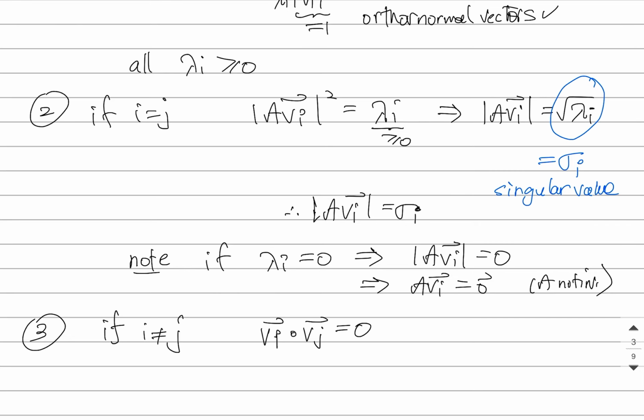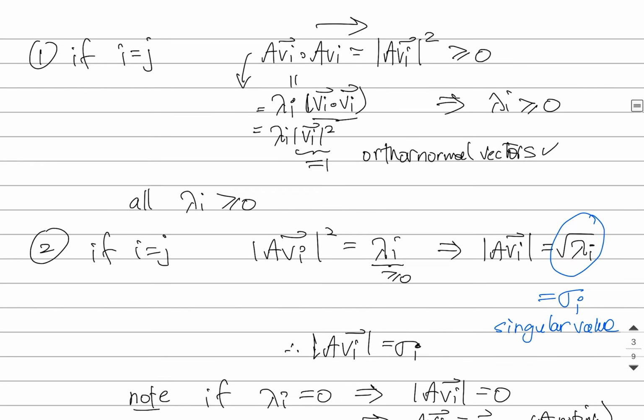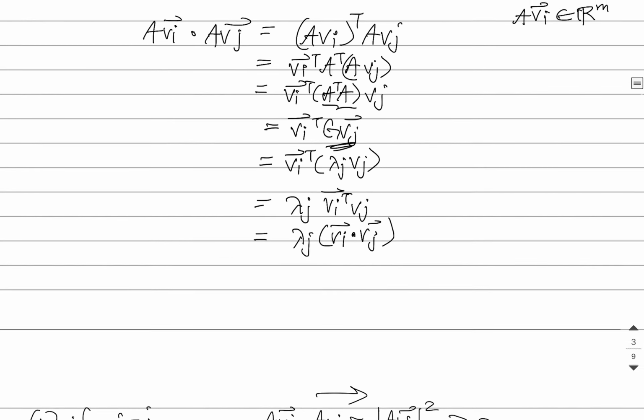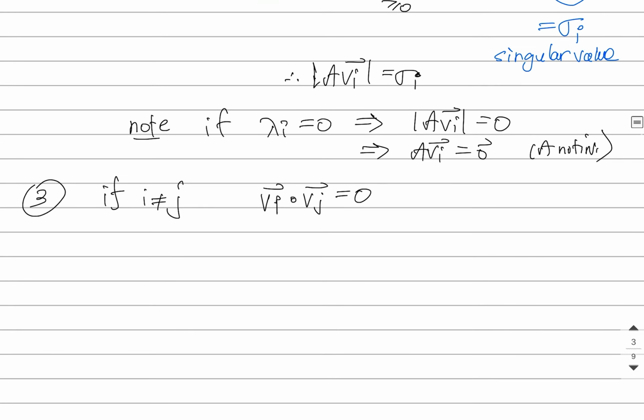They have to be 0. And that means that if we go way back to this product up here, we had AVi dotted with AVj. We found that it had to be equal to lambda i, vi dotted with vj.